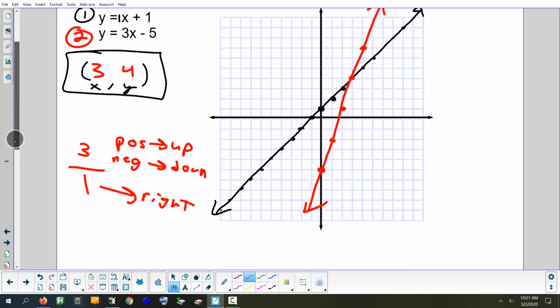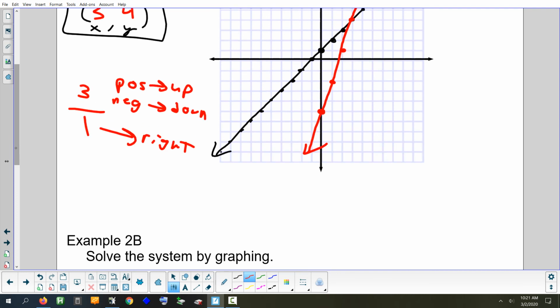So y equals x plus 1. Let's check that one. What did we get for y? For number 2, the one we just did. So we got an answer on the problem we just did.